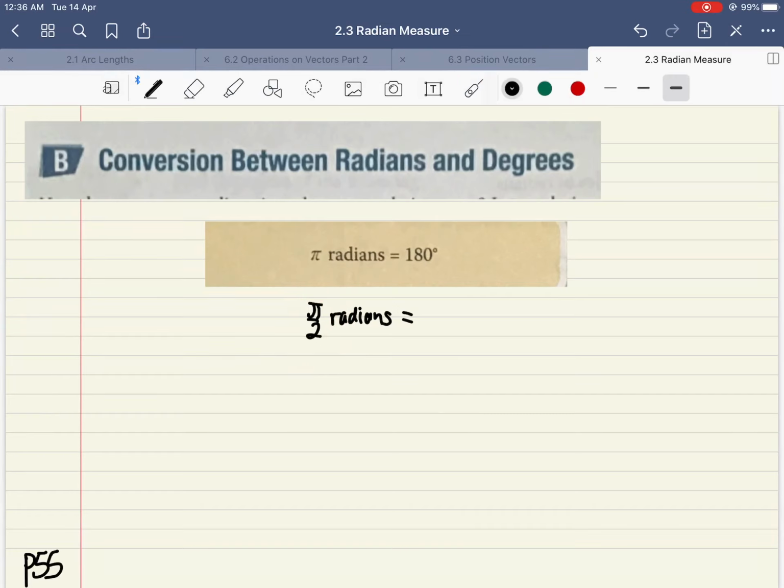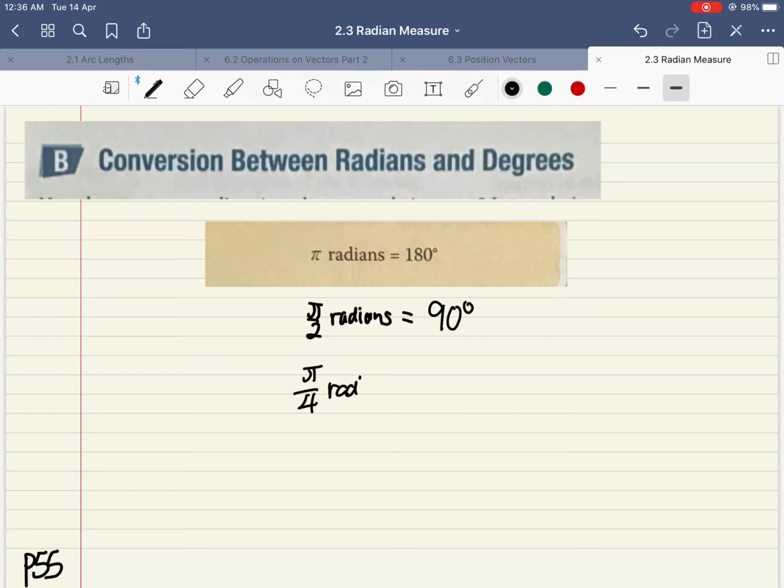And this is proportional. I've written here pi over 2. From pi to pi over 2, I've divided by 2. Similarly, 180 degrees divided by 2 gives pi over 2 radians equals 90 degrees.